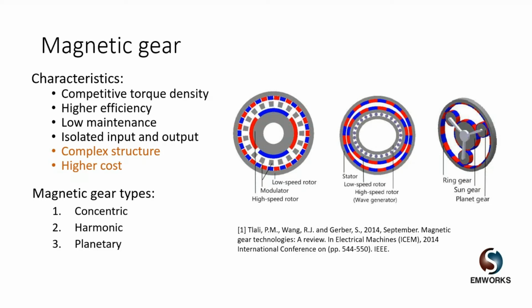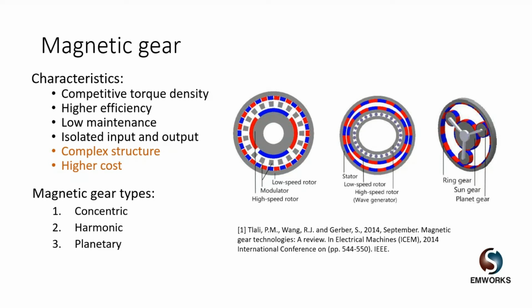So overall, from the mechanical integrity point of view, it's not very easy to manufacture and use these planetary gearboxes. Something similar goes for the harmonic ones. They would require flexible permanent magnets, and in general, this fact is slowing down their implementation. They're not very widely used or researched.